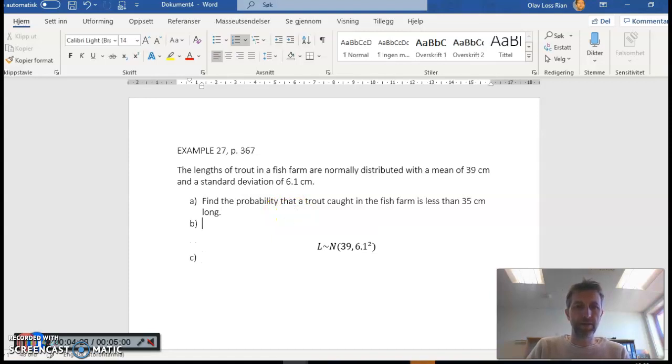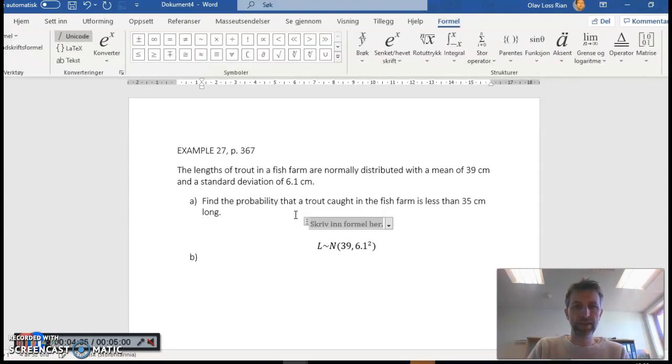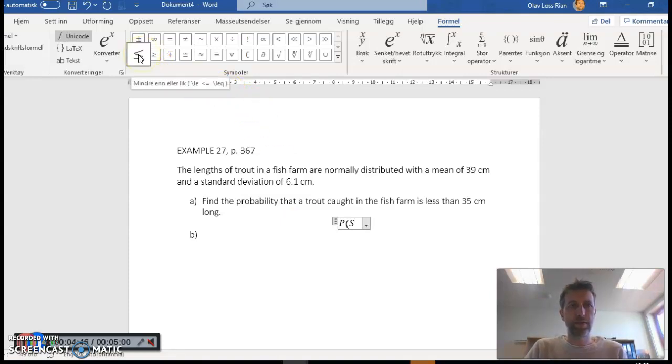We write that as the probability that L is smaller than or equal to 35 equals 0.256.